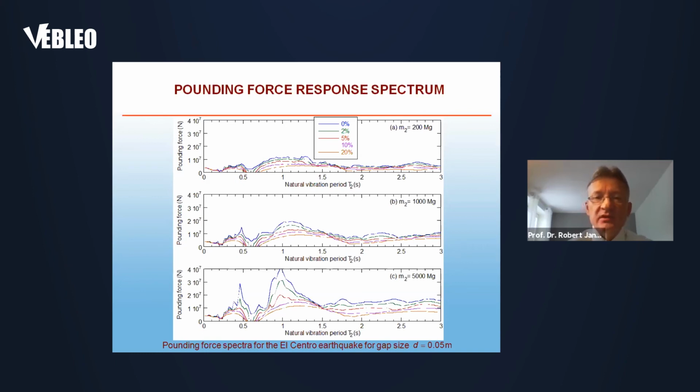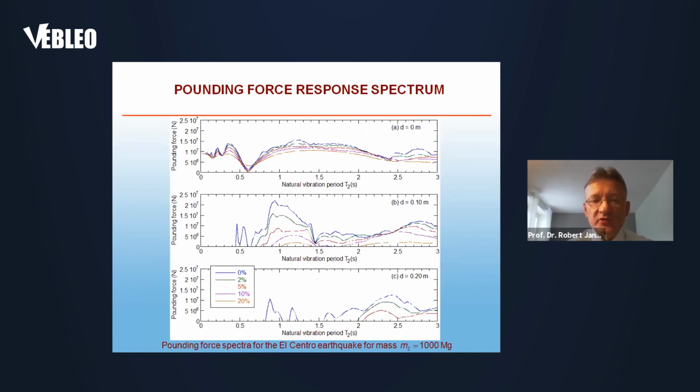As could be expected, the larger pounding force can be expected for the structure with the larger mass. We can see on this transparency that the largest values can be expected for this case. The next transparency shows pounding force response spectra for the same earthquake for the specified mass and for different values of the gap size between structures.